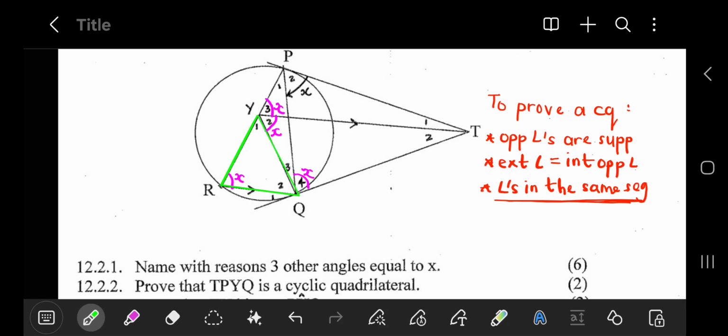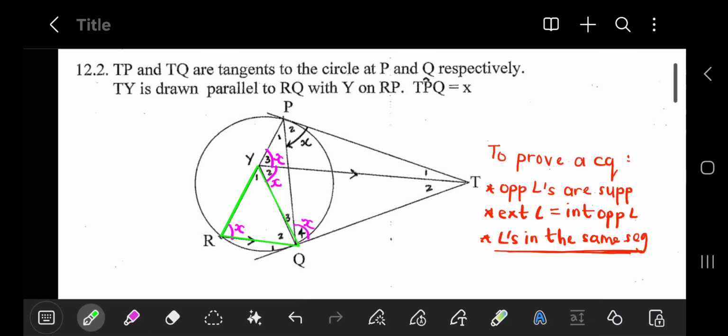But something that you should not confuse is that Y is not the center of the circle. Okay, Y is not the center, but by looking at the triangle and having worked with isosceles triangles, we know that we should get Q2 to be x. But how are we going to do this?